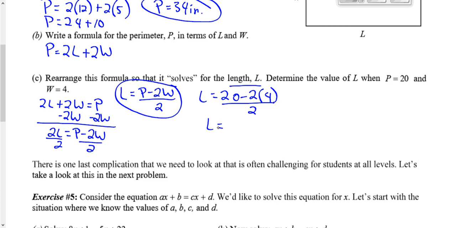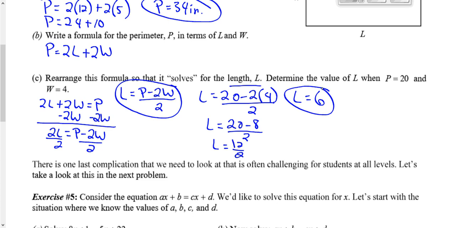Okay, so that's 20 minus what? 8. Well, no, I said minus, right? Over 2. Well, that equals 12 over 2, which is 6. They didn't give us any units, so.